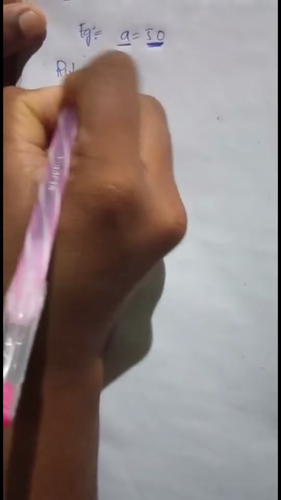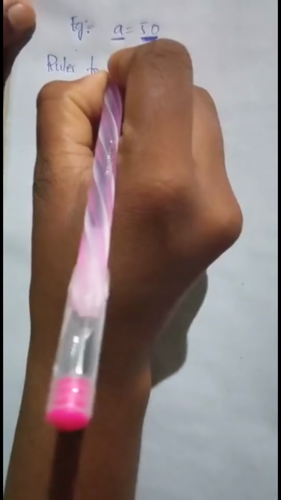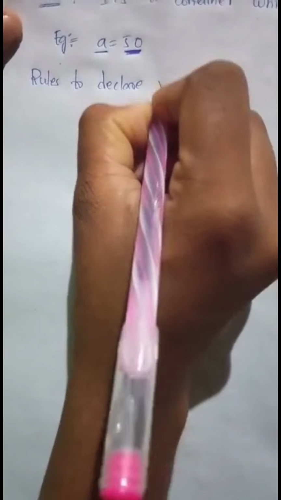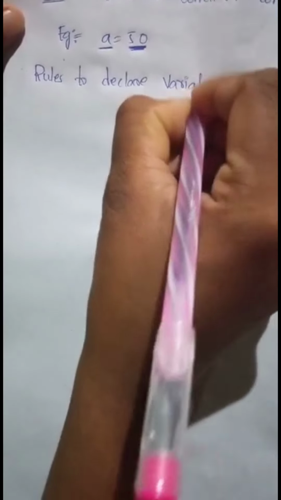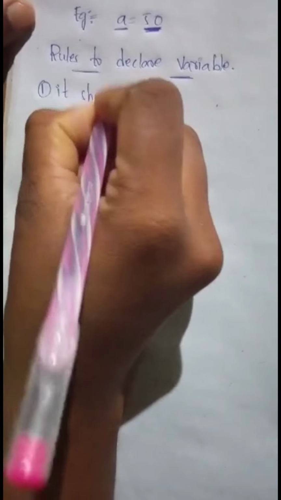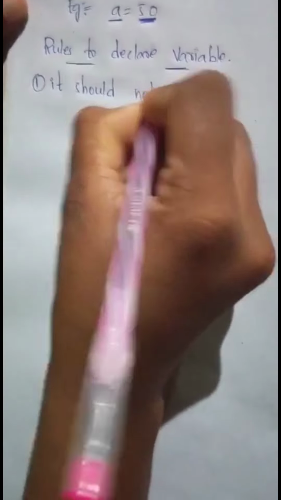Here are the rules to declare a variable. First rule means it should not start with a number.